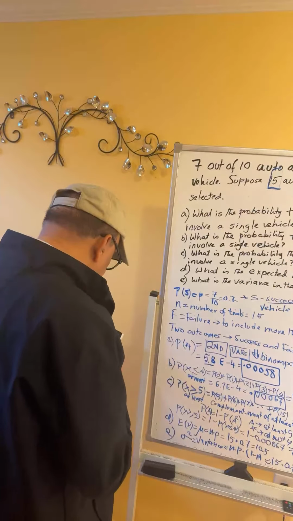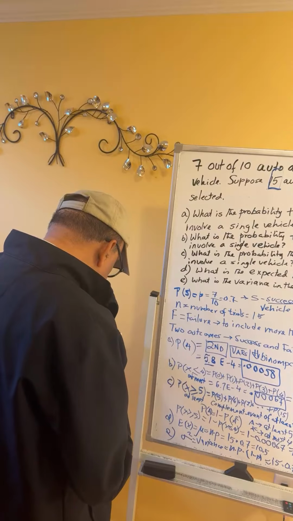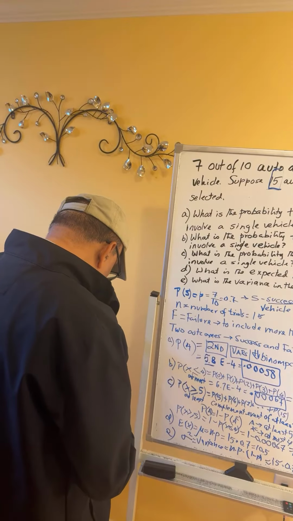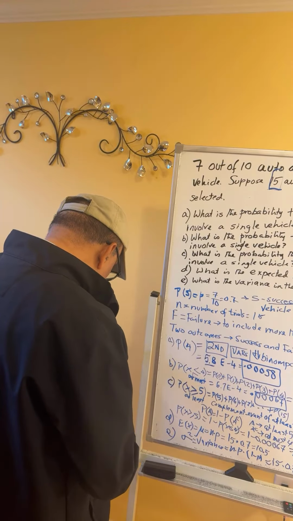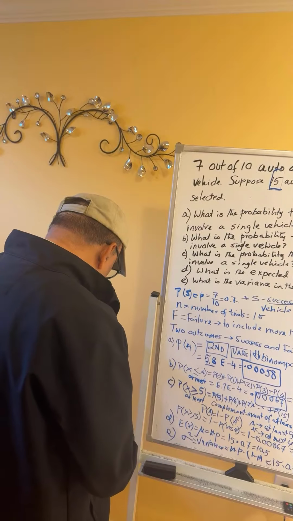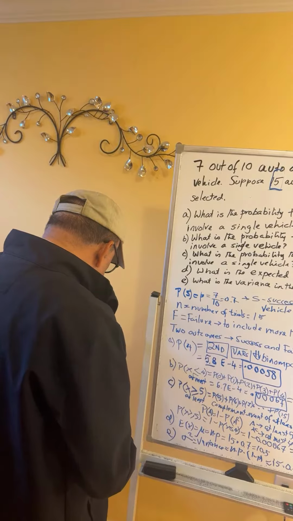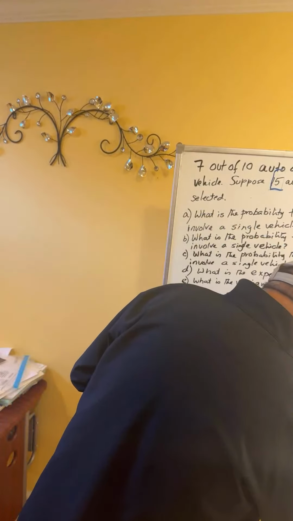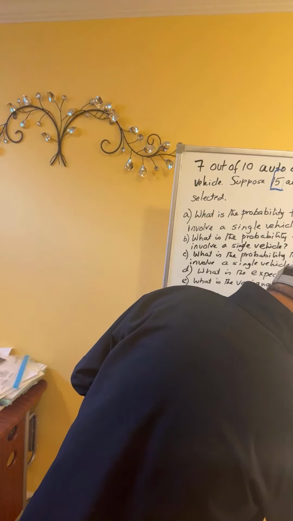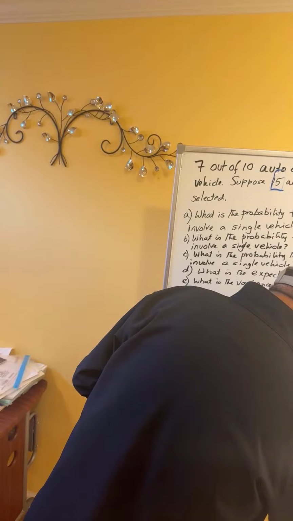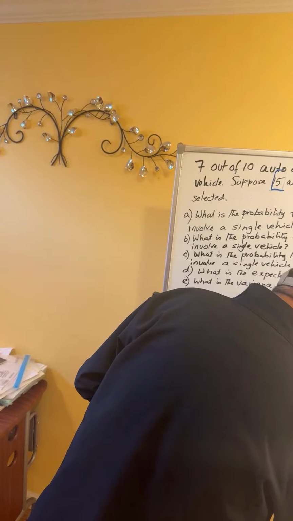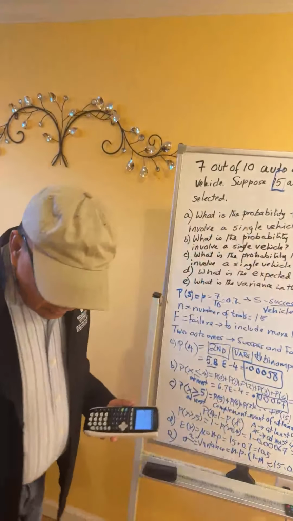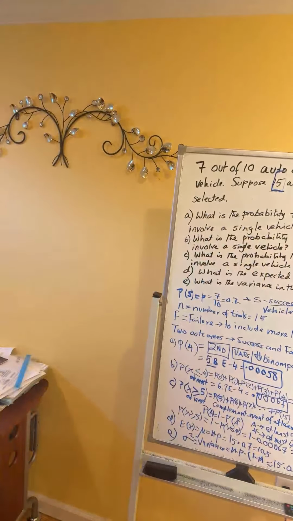So 15 times 0.7 times (1 minus 0.7), and the answer is 3.15. That is the variance of this distribution.